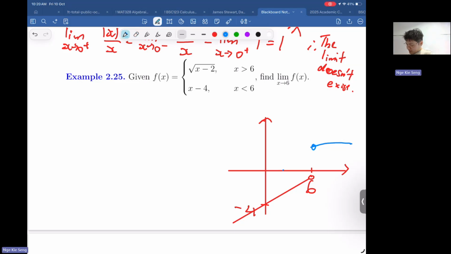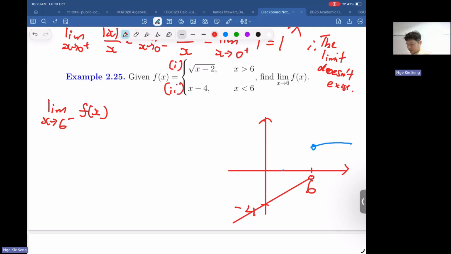Okay, let's do it. Which one you want to do first, left or right? Plus or minus? You need to do both anyway. Choose one. Minus, okay. So let's try the minus one. Should you use the first function or second function here?